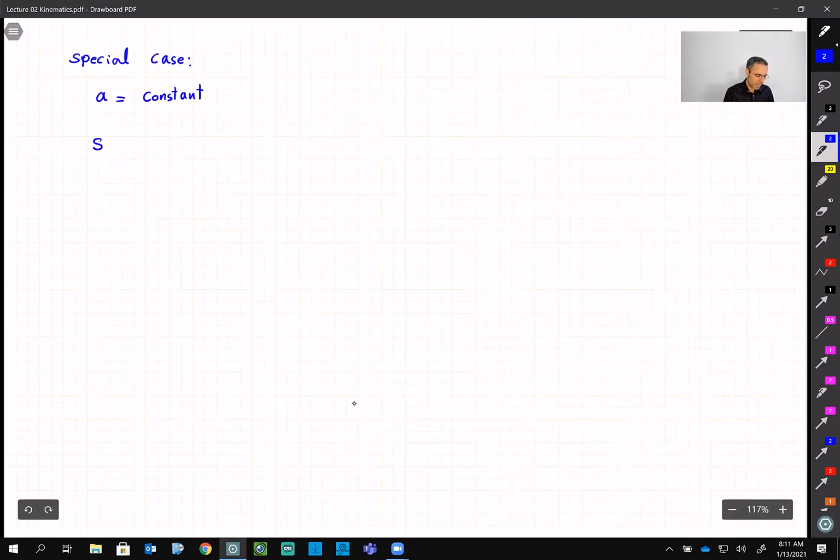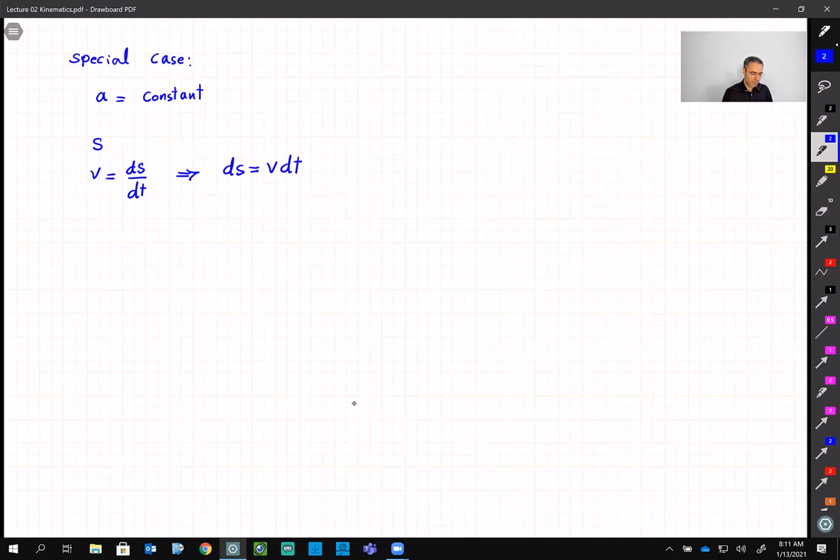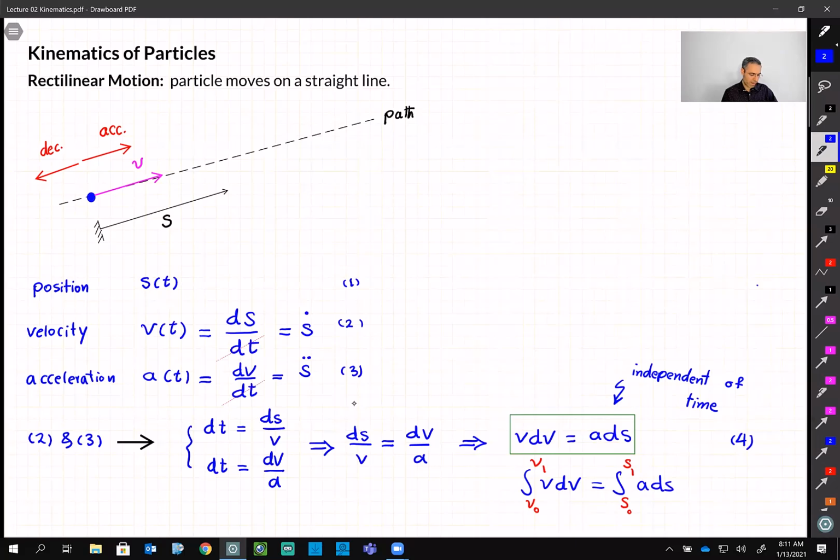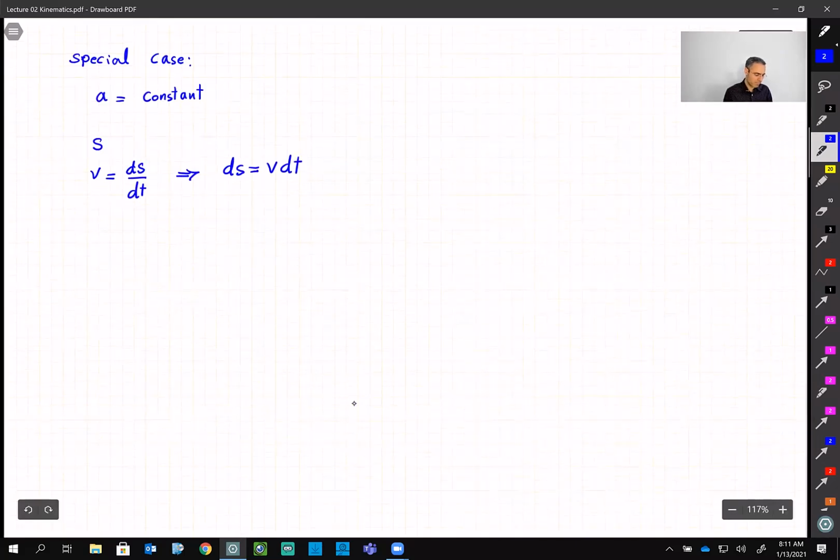Then we have velocity, which is ds over dt, and from here I can write ds is equal to v dt. Then for acceleration, a is equal to dv over dt, and from here I can write dv is equal to a dt.